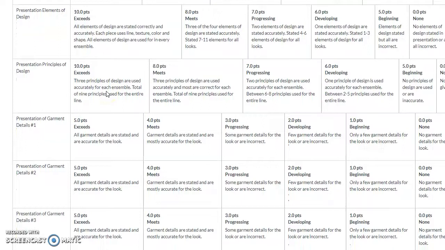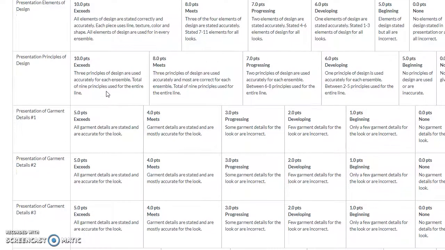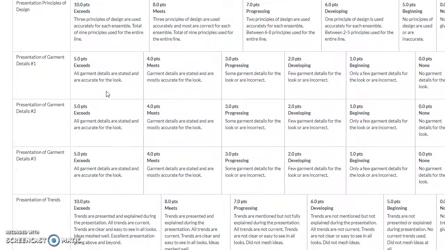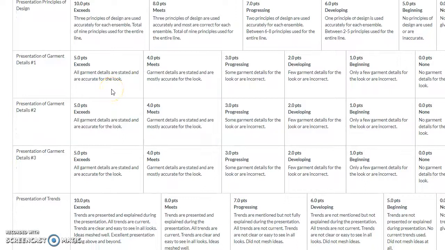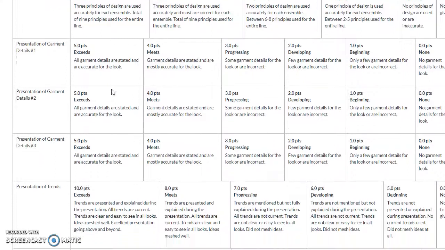You can pick 3 principles of design for each of your looks and tell me what they are. And I don't care what they are, but just pick 3. All of the garment details, I need to know every single detail of every single piece. So if you have a jacket, a top, and a pant, I need to know what the sleeves, the collars, the necklines, what type of item it is for each and every one of those.